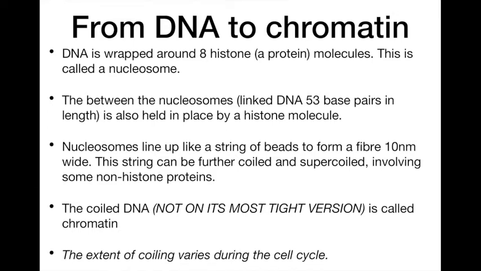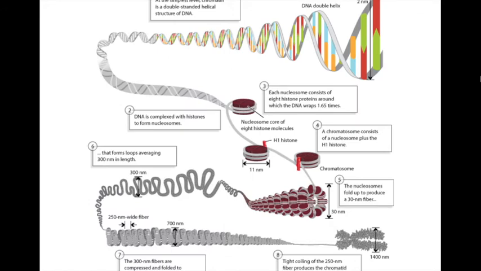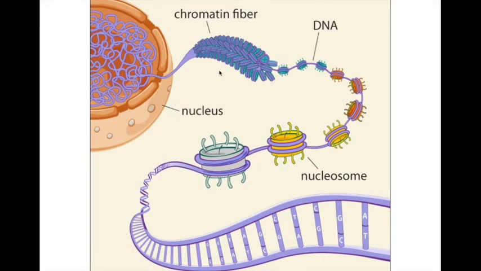Now, this structure is called a nucleosome. Nucleosomes fold up. Together they coil even more, and we have larger and larger structures until they make this, which is called a chromatin fiber.